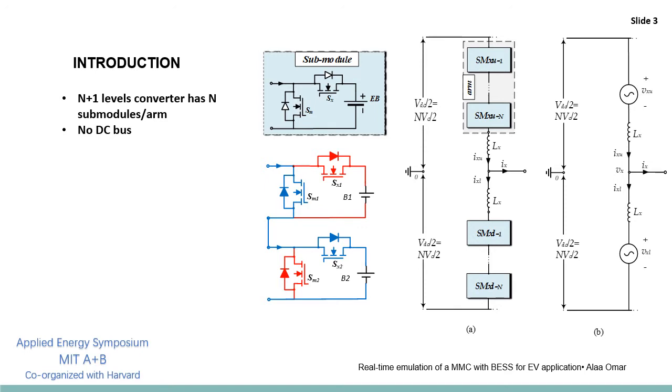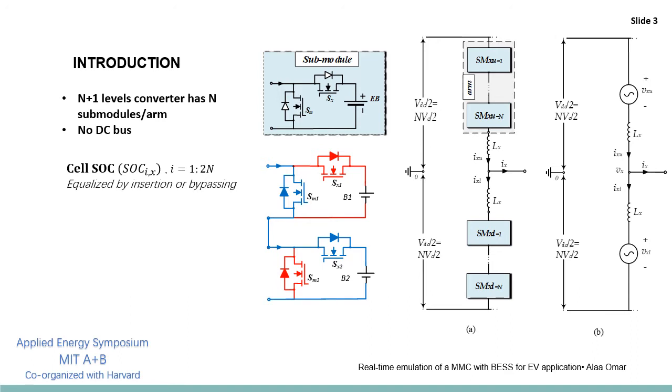If we want to insert the battery, we can switch the auxiliary switch in submodule number 2 on. When inserting the battery, the battery voltage is added to the terminal phase voltage. And this process of insertion and bypassing will lead to a global state of charge equalization inside the converter.